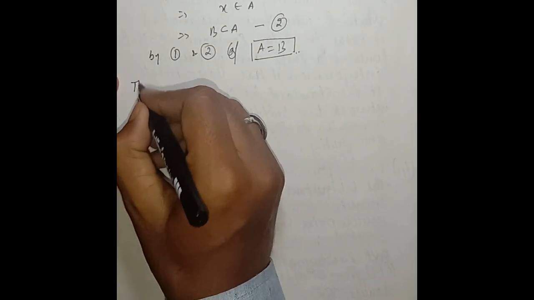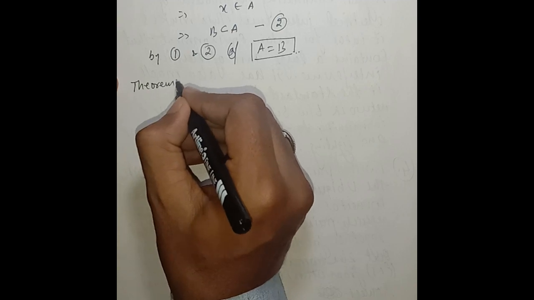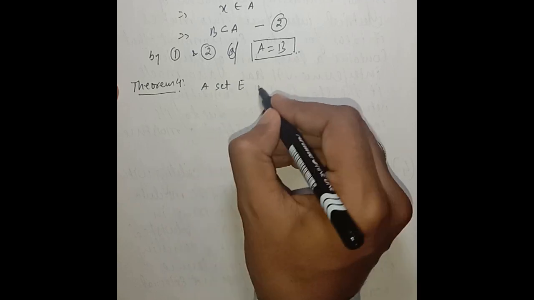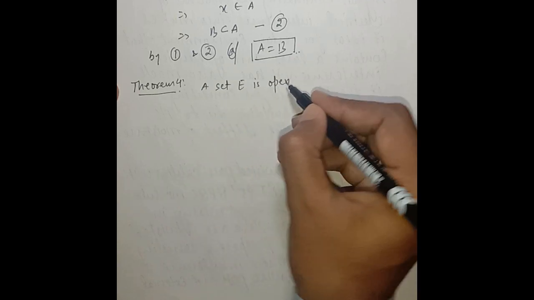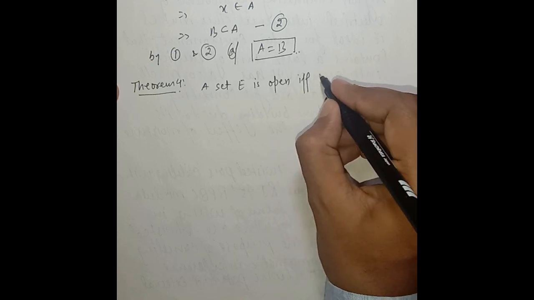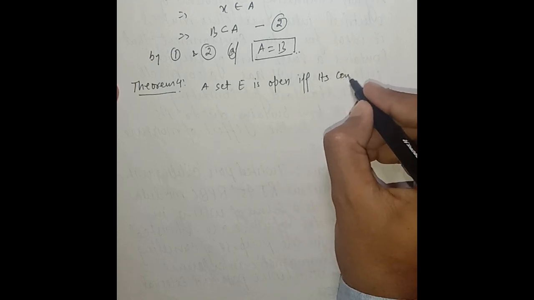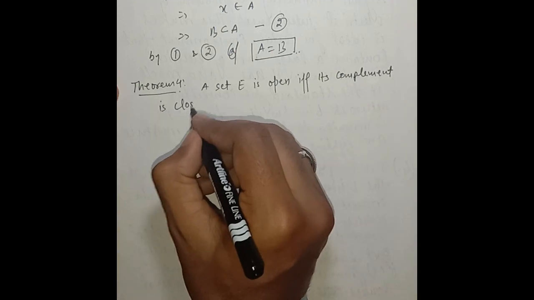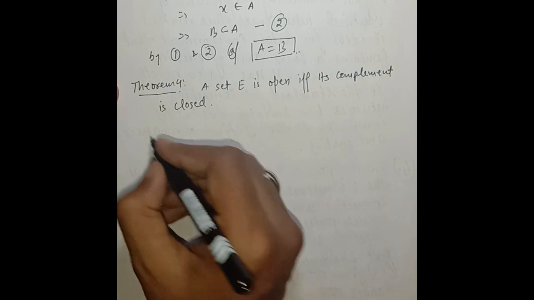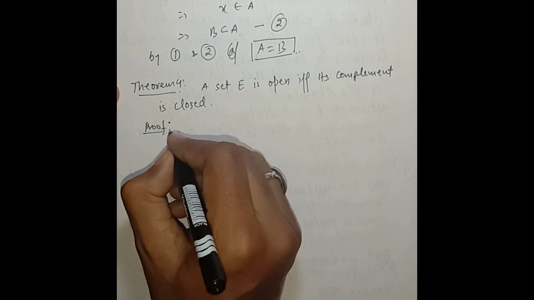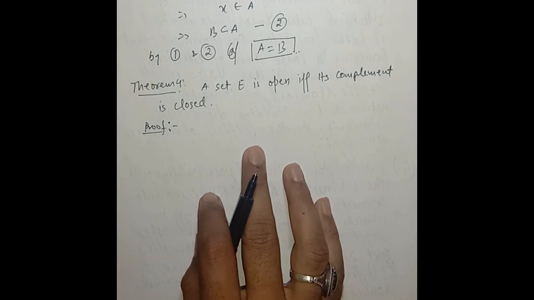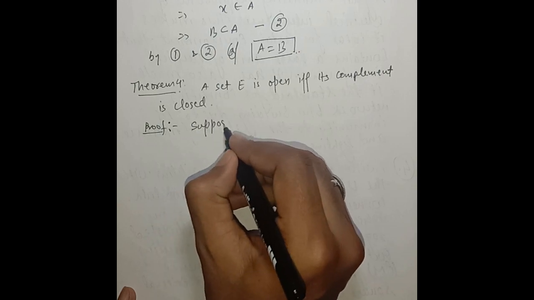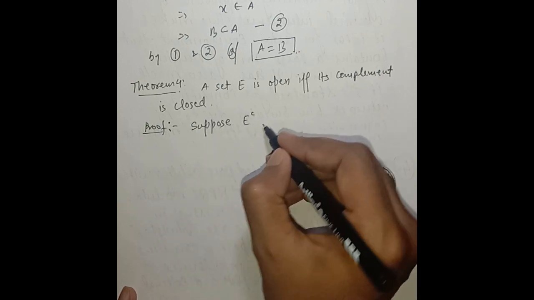Next theorem, theorem number 4. A set E is open if and only if its complement is closed. Proof. Suppose the complement of E is closed.